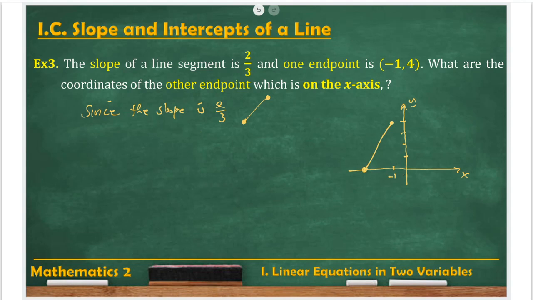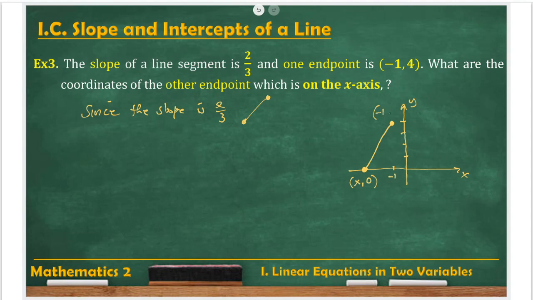According to the problem, one endpoint of the line segment is on the x-axis. So if the point is located on the x-axis, then we should know that the y-coordinate is 0. So for this point, its coordinates should be (x, 0), because every point on the x-axis has a y-coordinate always equal to 0.